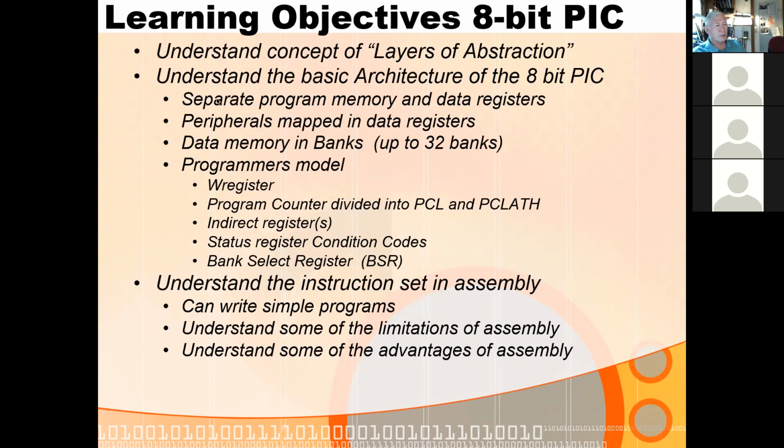The other thing that's interesting is that every location in the program memory is 14 bits wide. And the data bus is 14 bits wide. And the address bus has 15 bits. Now, it's not all used on this particular chip, but in this family of chips, there are some that use most, if not all, of those 15 bits.